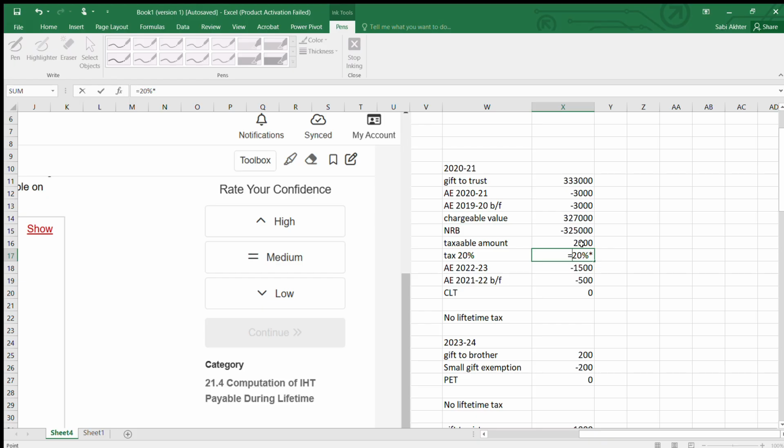It is 20% of 2,000, which is the taxable amount. So the tax is 400, and this will be payable by trustees. 400 only, because this is the gross amount.